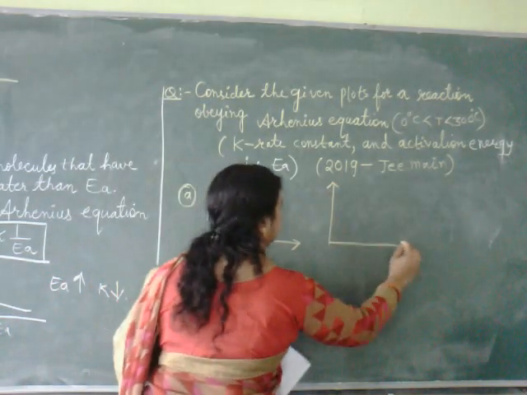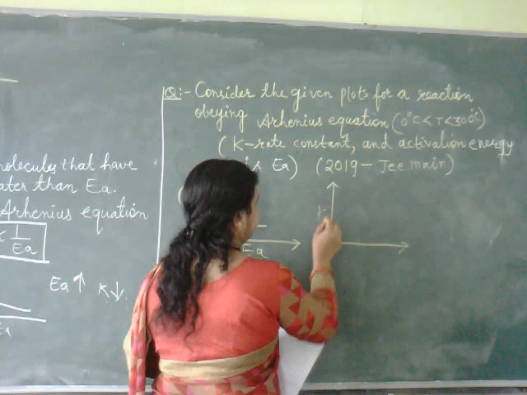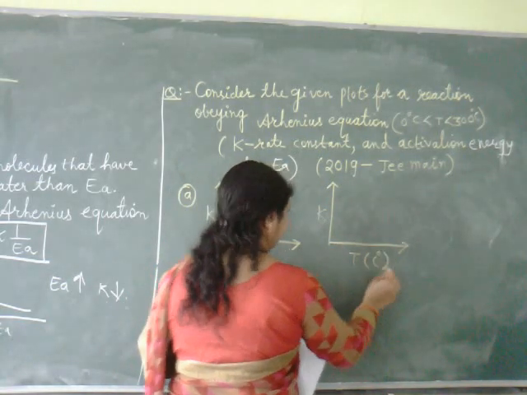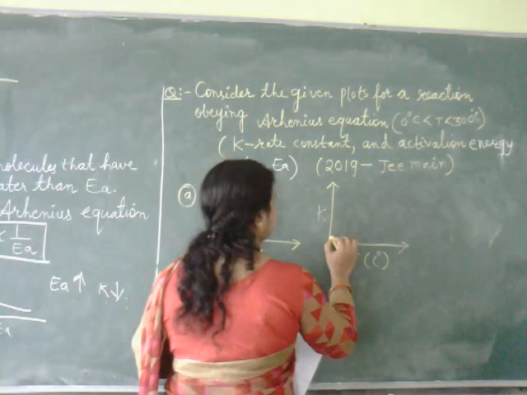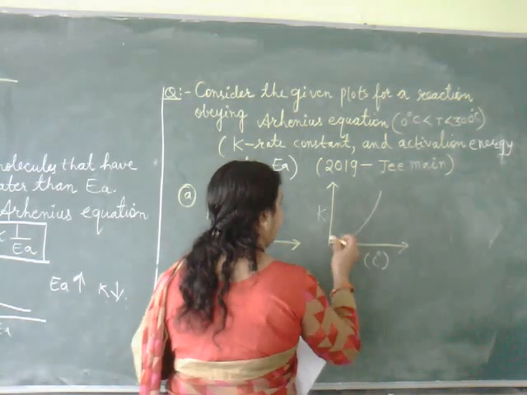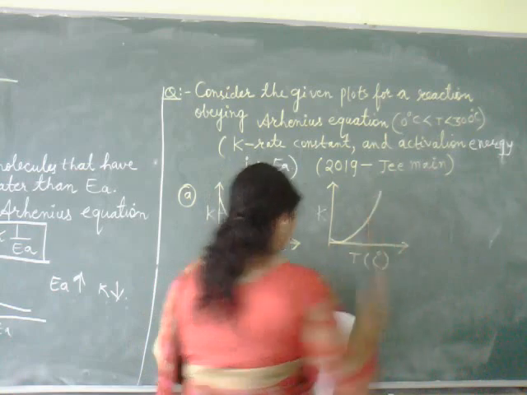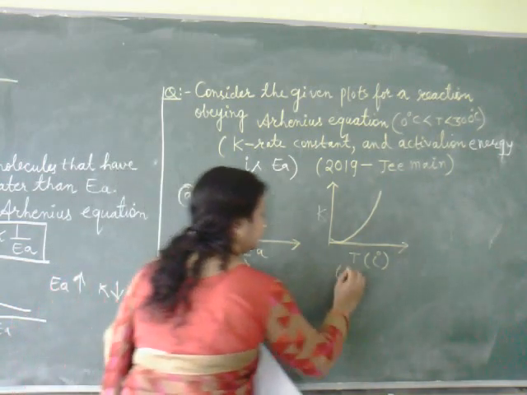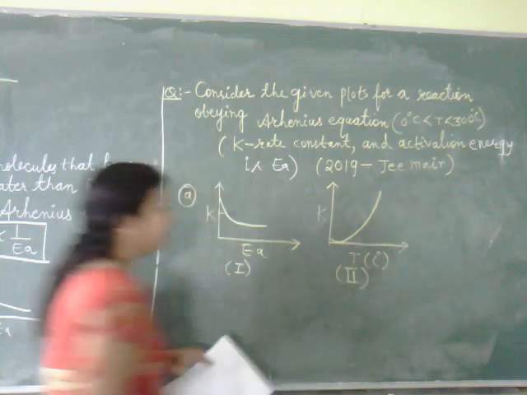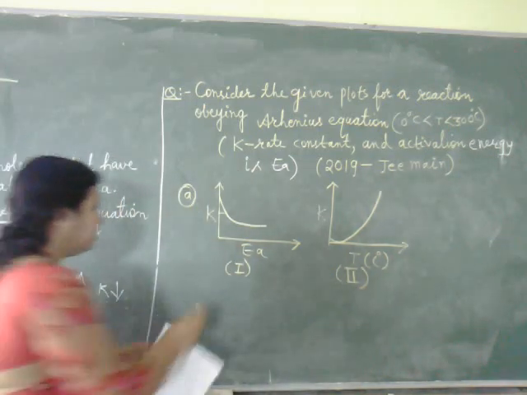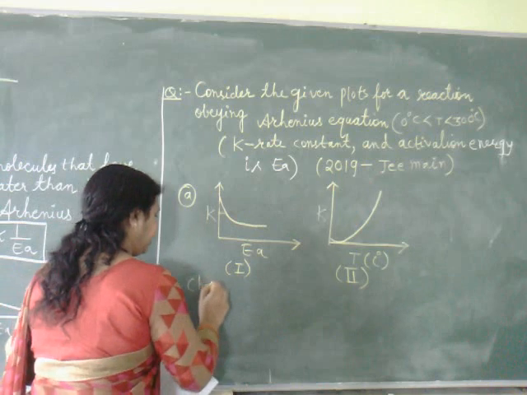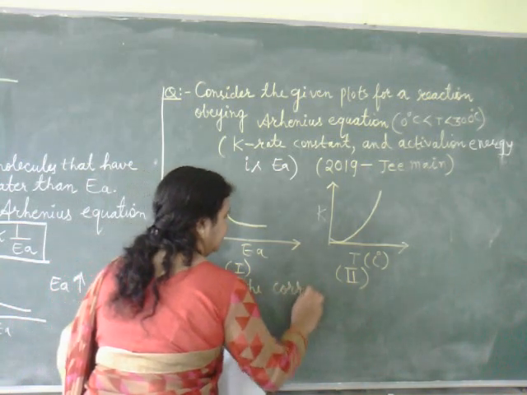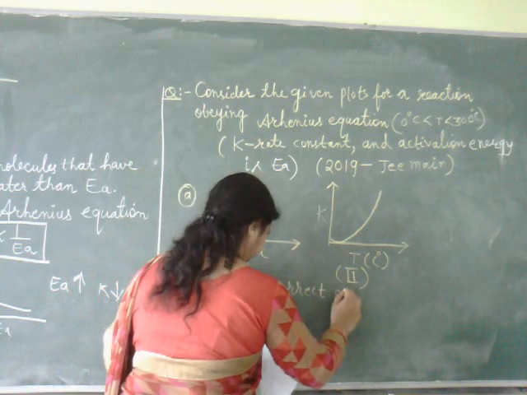The second graph is k versus temperature in degree Celsius, and the graph is going like this. This is the first one and this is the second one. Here it is given: choose the correct option.